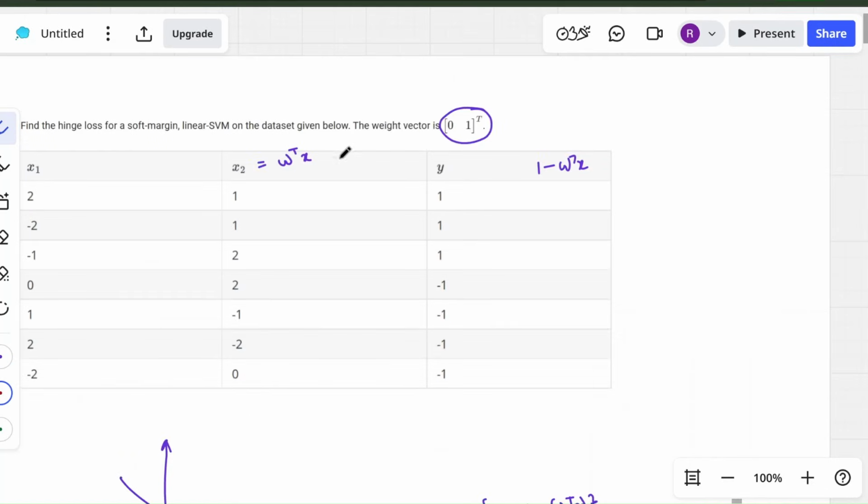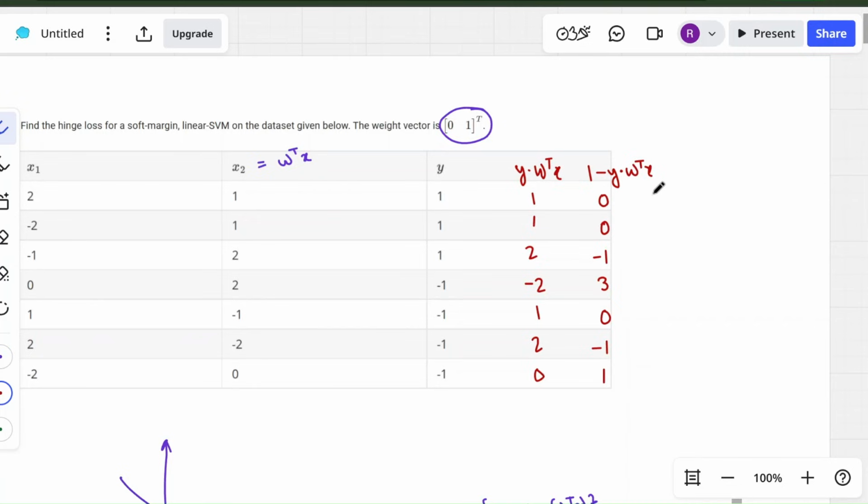So next we'll have to compute Y times W transpose X, and that is nothing but 1, 1, 2, negative 2, 1, 2, and then 0. Then 1 minus Y times W transpose X would be 0, 0, 1 minus 2 is negative 1, 1 minus negative 2 is 3, 0, and negative 1 is 1, right?